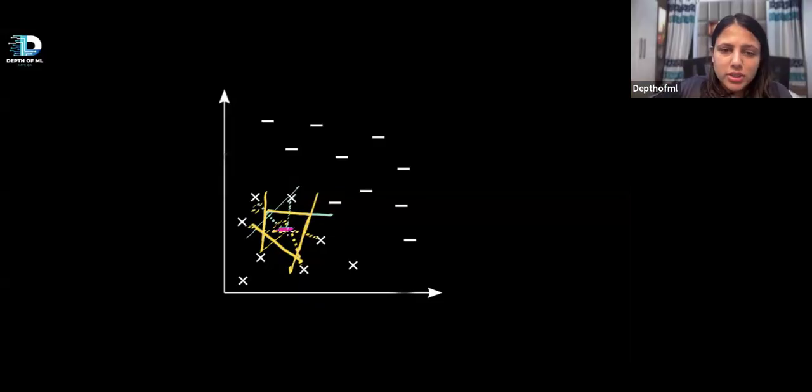If I'm going to use one nearest neighbor, points in this particular region will be classified as negative.